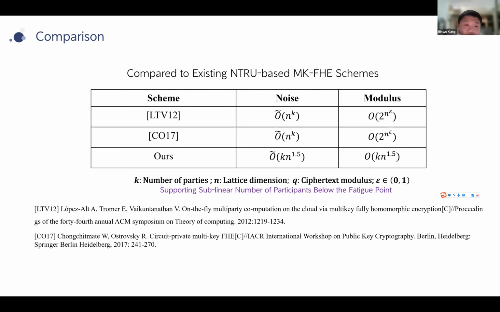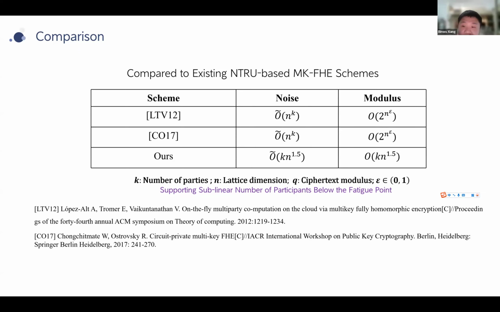And here is our comparison between ours and the existing NTRU-based multi-key FHE schemes. As you can see, in traditional NTRU-based multi-key schemes, the noise grows exponentially with respect to both the lattice dimension and the number of parties k, leading to the need for large moduli.